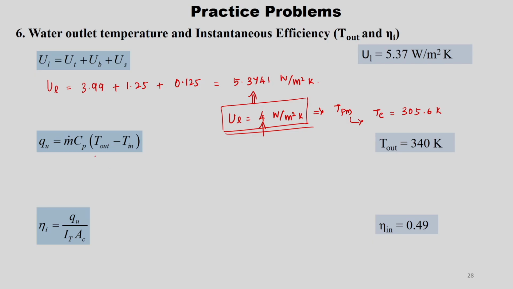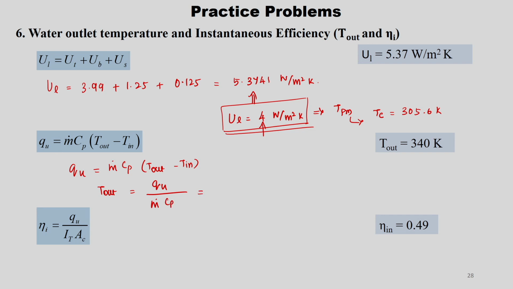So, if we know UL, QU is nothing but m dot Cp T out minus T in. So, this T out is nothing but QU upon m dot Cp.